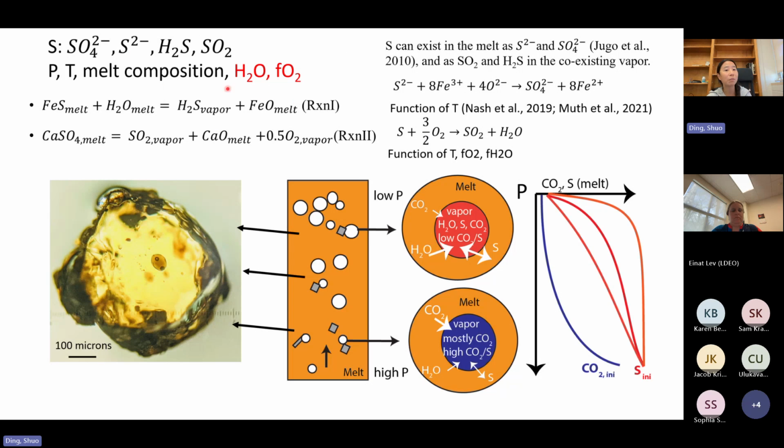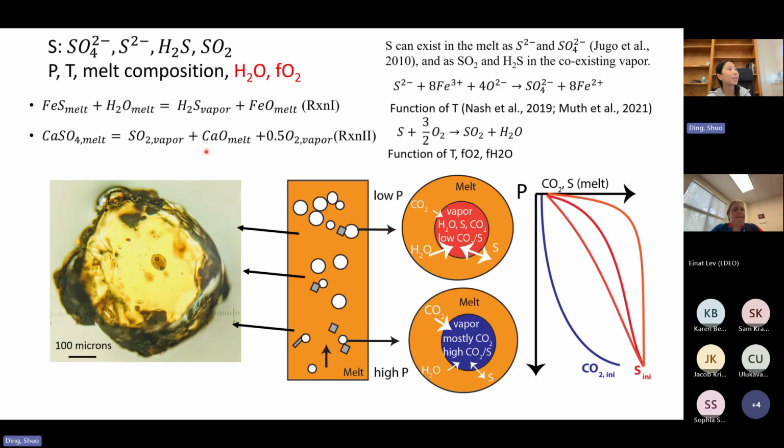When we talk about sulfur degassing, we are looking at at least two different reactions. One is sulfide degassing as H2S in the vapor, or sulfate degassing as SO2 in the vapor. Because of this, oxygen fugacity plays a really important role in understanding and modeling sulfur degassing.